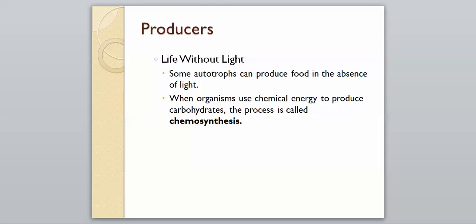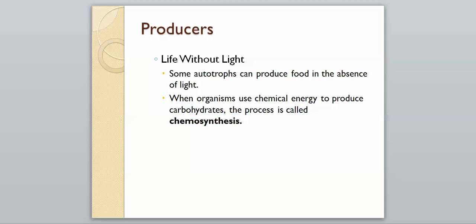However, there are some producers that can produce food in the absence of light, and this is when they use chemical energy to produce carbohydrates. The process is called chemosynthesis. Photosynthesis uses light energy, so whenever we see photo, we know that means light, and chemo is when we use chemicals or something else besides sunlight.